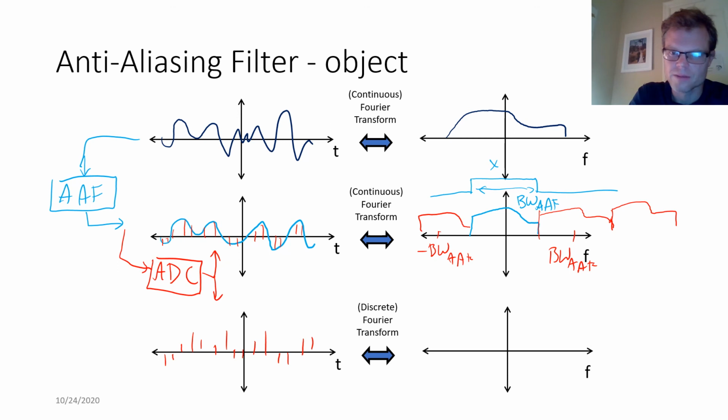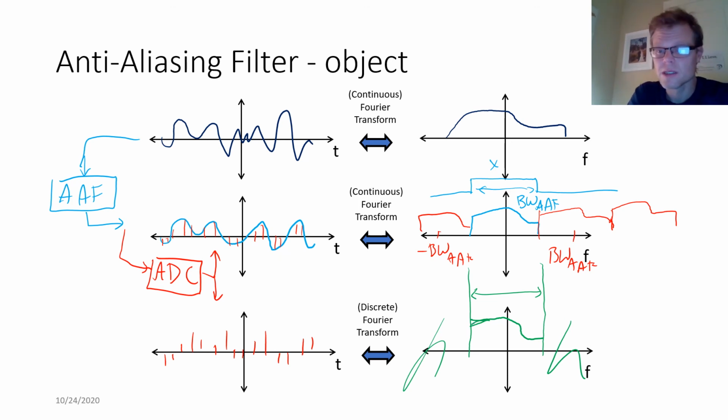And we look at our discrete Fourier transform performed by the FFT, and we just get what is the central region of our object, and we guarantee that there is no aliasing in this way.